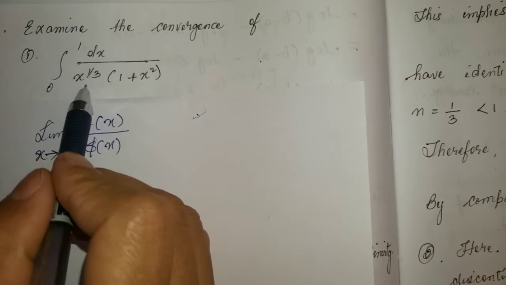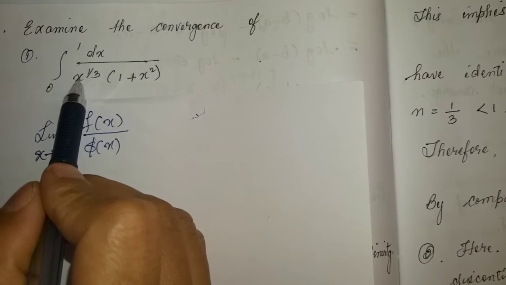In this example, the point of infinite discontinuity is 0.